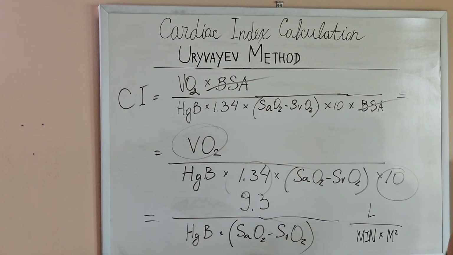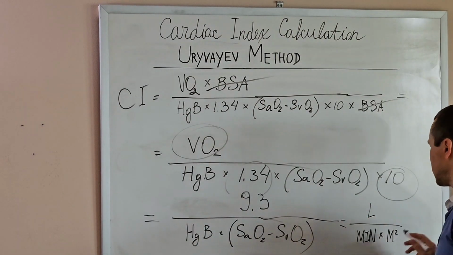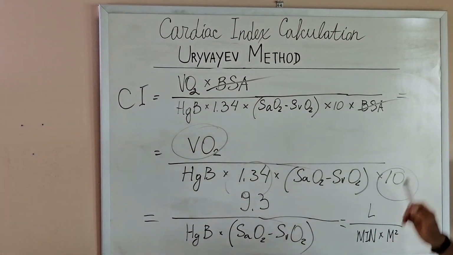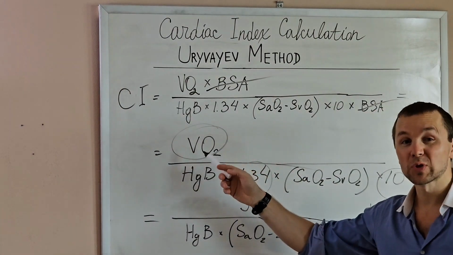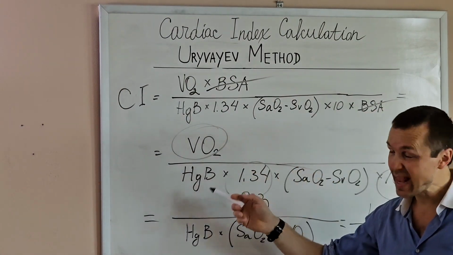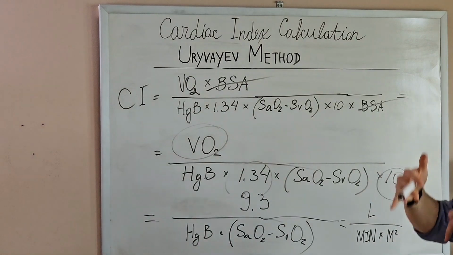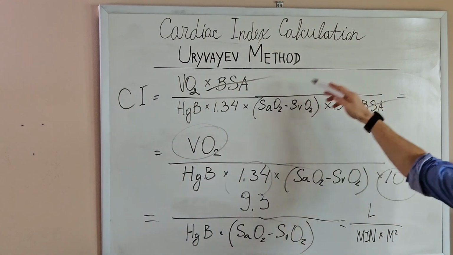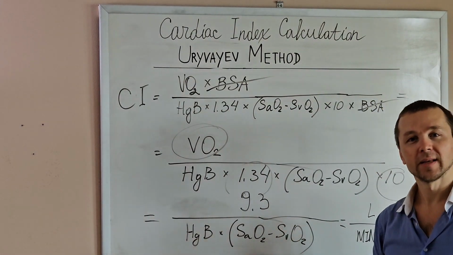And if you're trying to figure out why it is still in meters squared, well, because your oxygen consumption already has body surface area in it, so you don't have to use it twice, right?